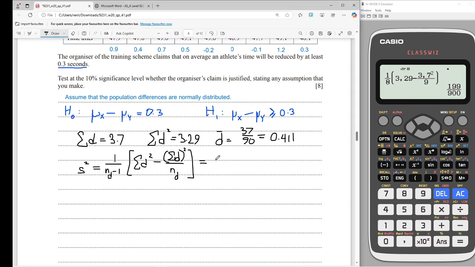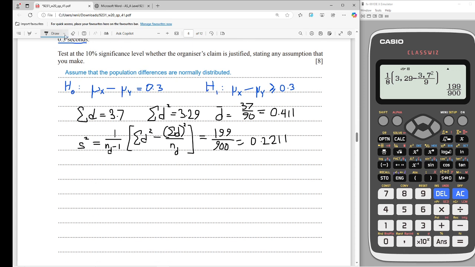So we'll write here 199 over 900, equal to 0.2211. Fine. Now that we have S2 of D, we just need to find the final calculations.